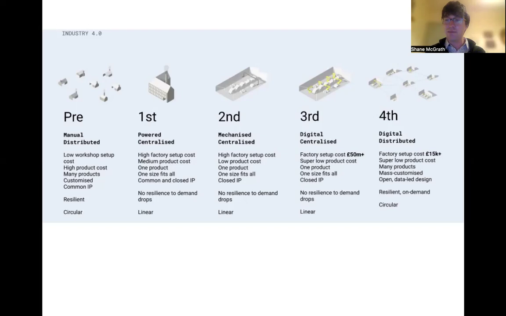Again, this comes back to the mass production idea, where you have to produce a lot of stuff in order to make money, because it costs a lot of money to turn on the mechanized central, and then costs a lot of money to keep it on. So you've got to just keep producing stuff. So different customers will use different parts of the facility, and you have different mechanisms here.